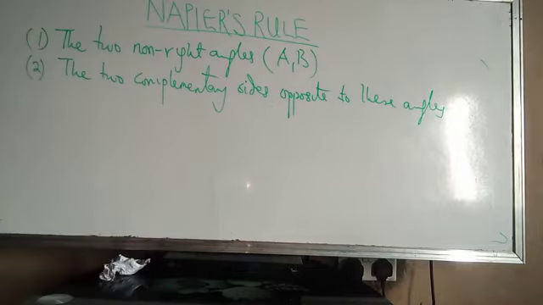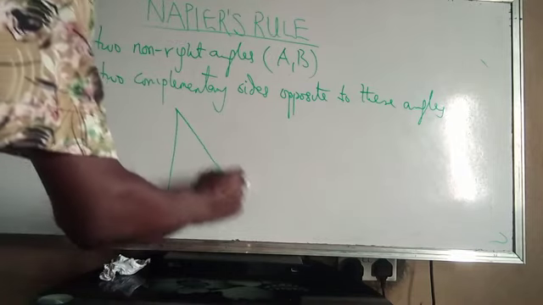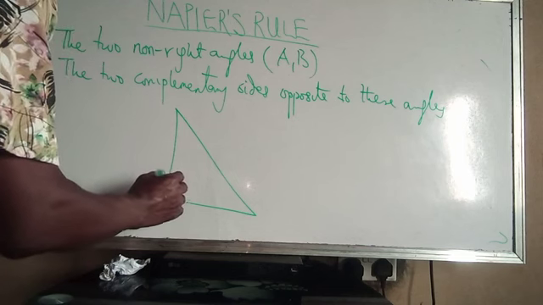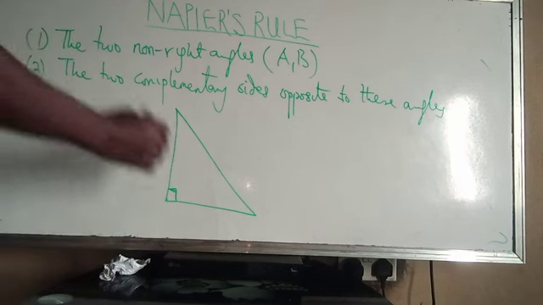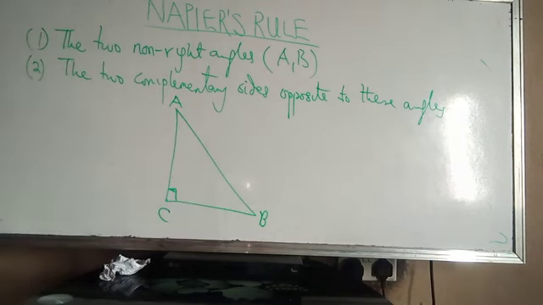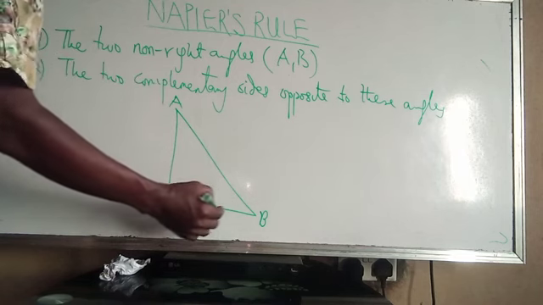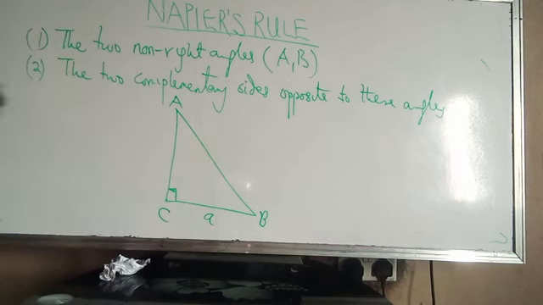So what do I mean by this? Before I go further, let me draw. Let's say this is a right angle spherical triangle. Okay, this is C, this is A and B. The angle A is facing this side, so we call this small letter a.